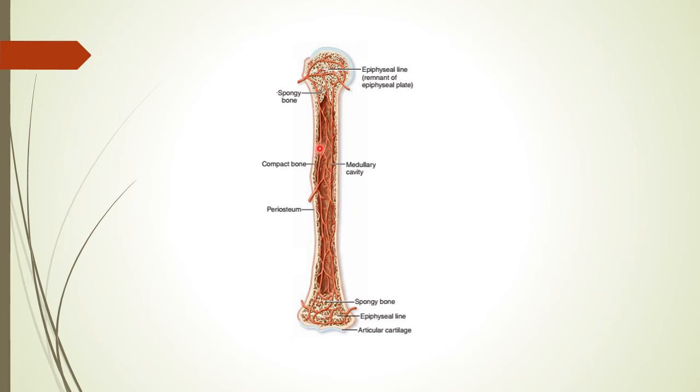The medullary cavity contains bone marrow. So the main component of the diaphysis is compact bone, and the main component of the epiphysis is spongy bone.